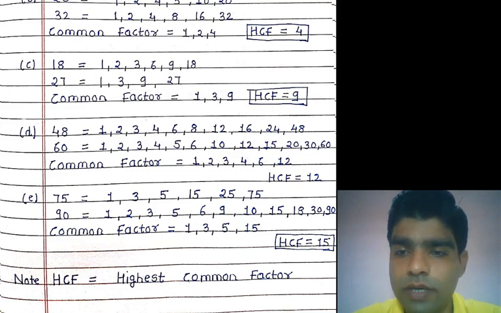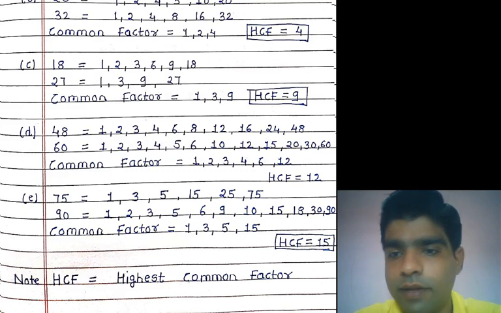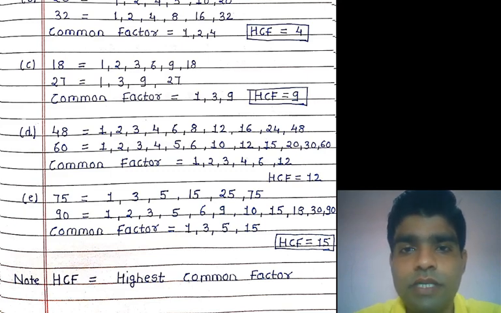And the note is already provided. Here HCF is denoted by highest common factor. All of these five examples are based on finding the highest common factor. It means that first we have to find the factors of the numbers, then second step, you have to find the common factors, and last we have to find the highest common factor.